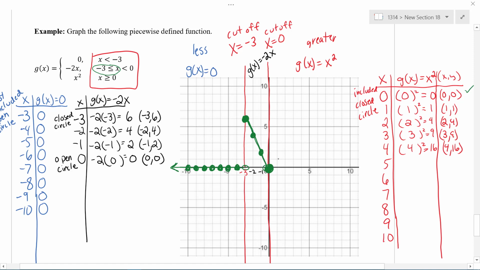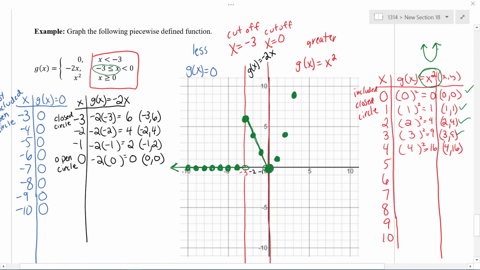The next point is 1, 1. That's here. 2, 4, that's here. 3, 9, okay, that's here. And then 4, 16 we said was way up here somewhere, falls off my graph. Now, do you recognize this shape, right? Isn't that my square function?